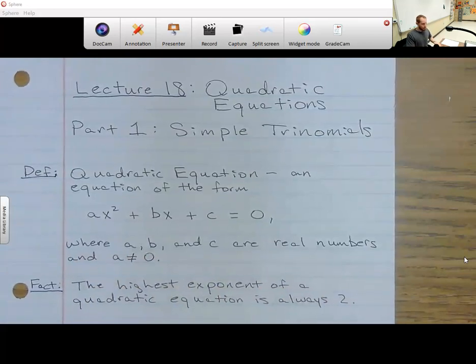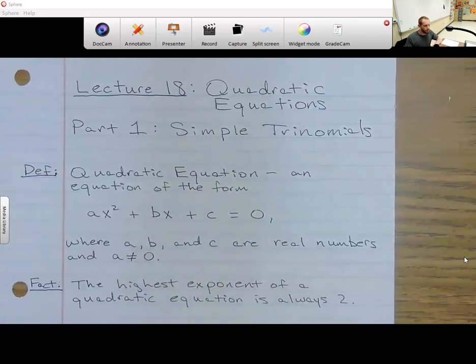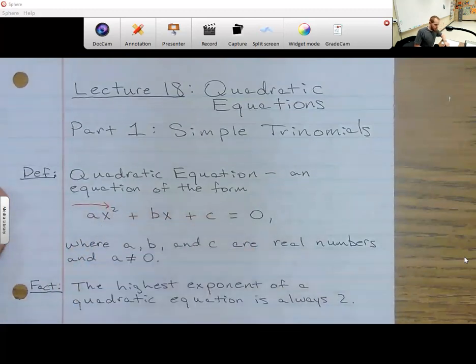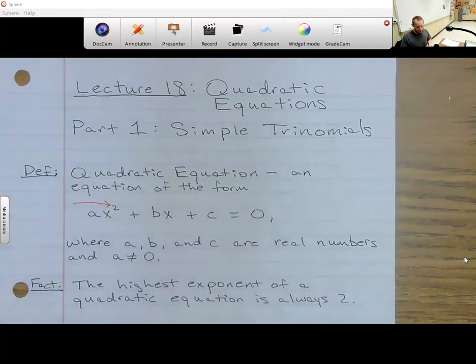So the highest exponent of any quadratic equation is always going to be 2. And you can see it right here. The highest exponent is always going to be 2. It's never going to go further than that.